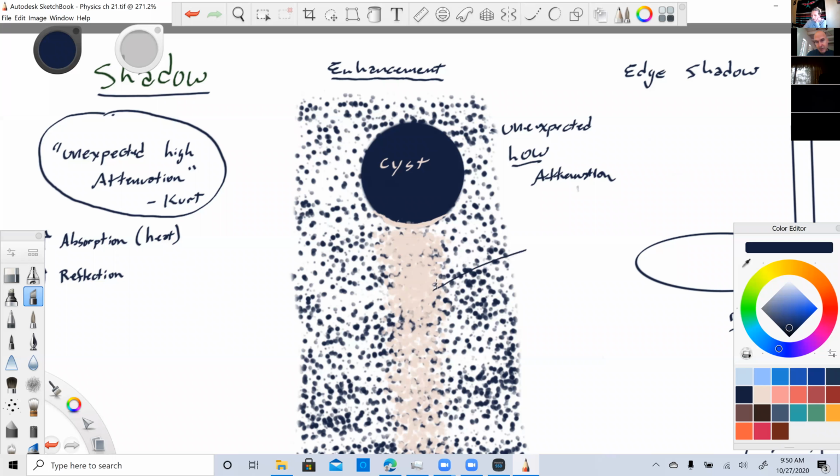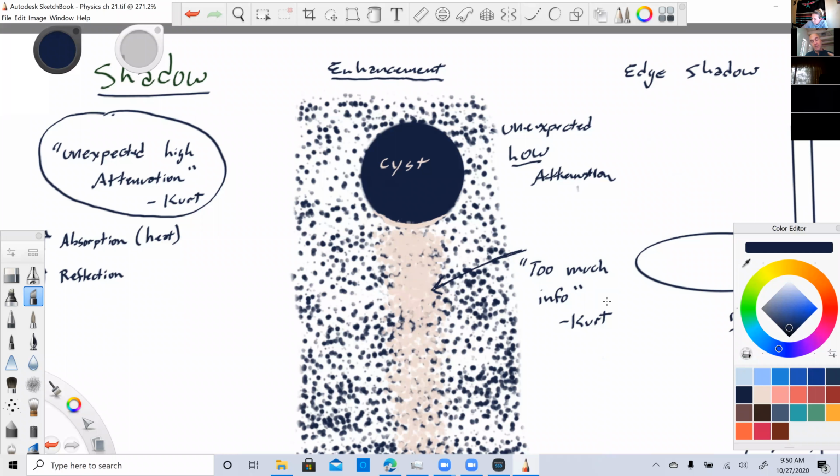This area of enhancement, once again, this will be a curt quote: too much. That is curt. I think that's kind of just my way of explaining it.